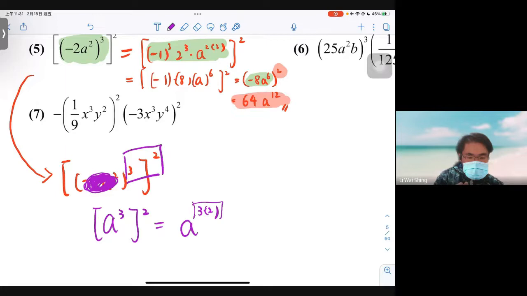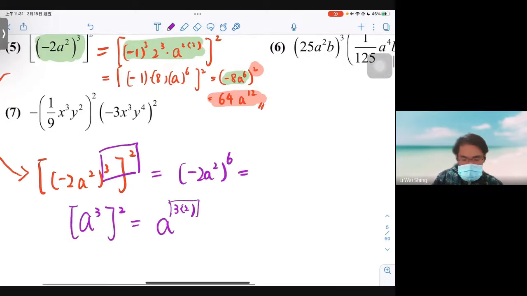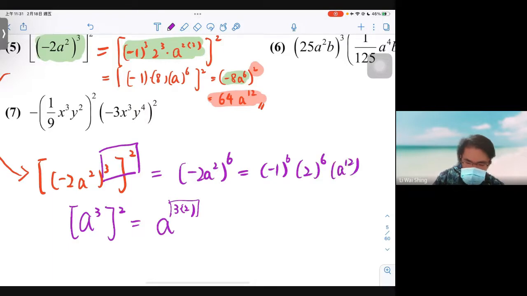That's why you can solve this by expanding the things outside first and become negative 2a squared. 3 times 2 is 6. Then you get the same result as Chuck's. To the power 6, a to the power 12. So 64 a to the power 12.